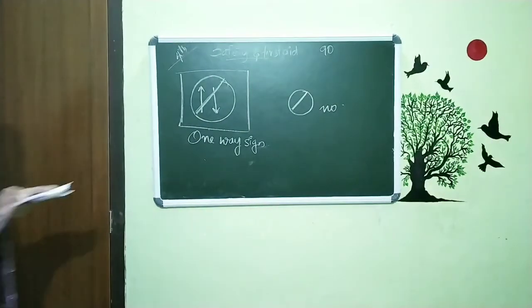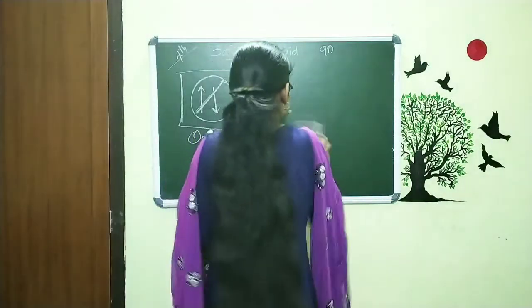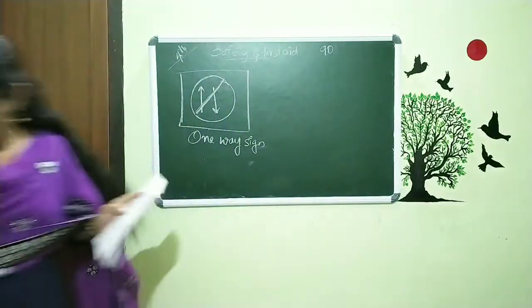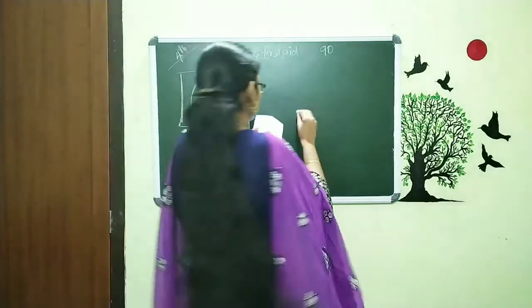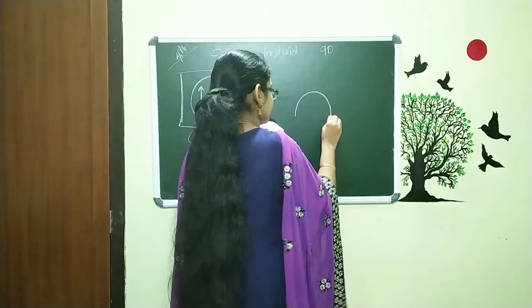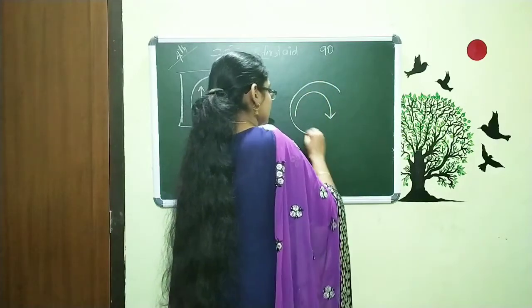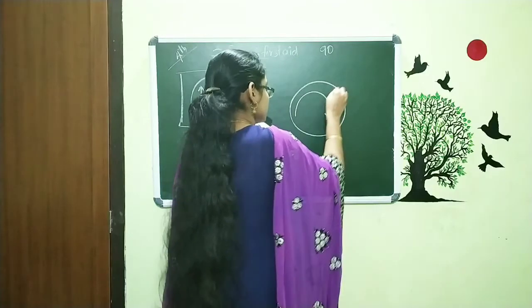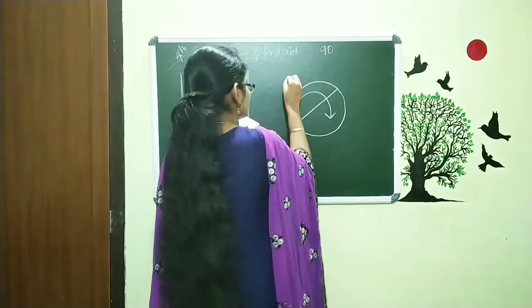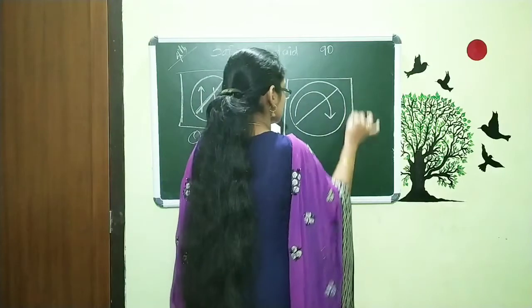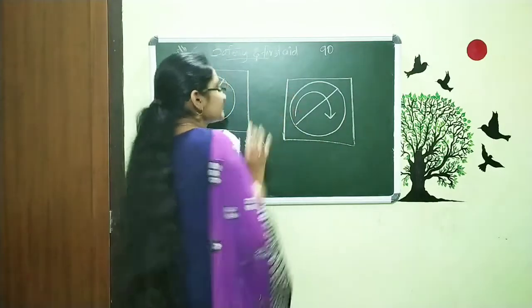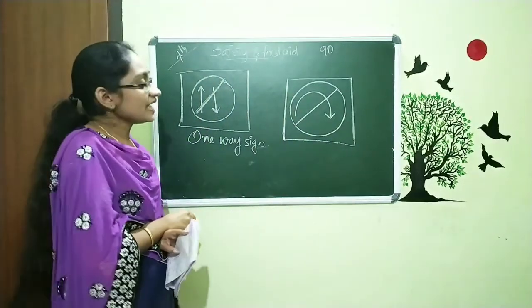The next one is this. You can see a neat diagram in your textbook. This is the second one. And what is this?